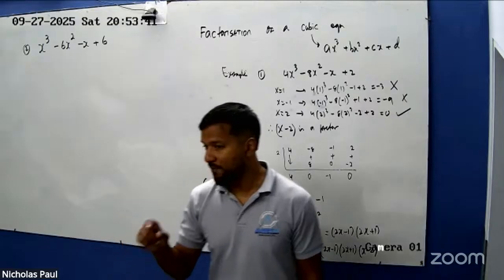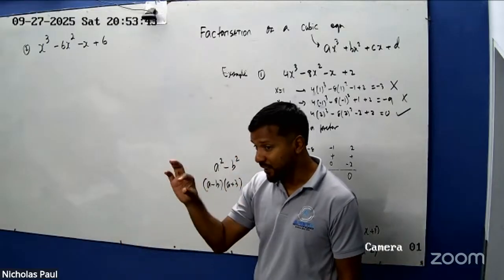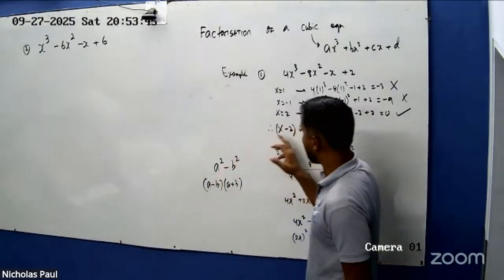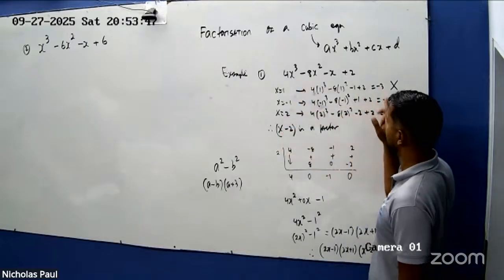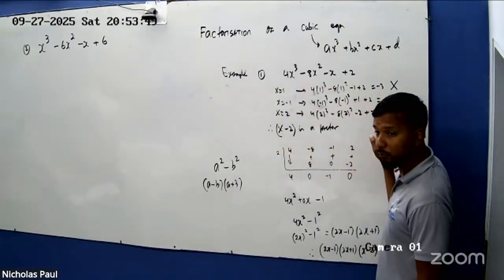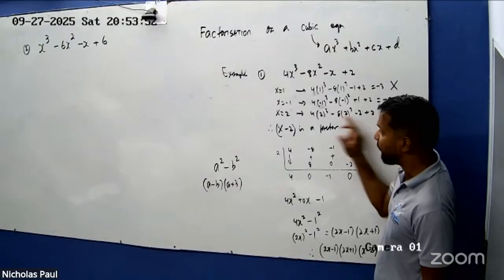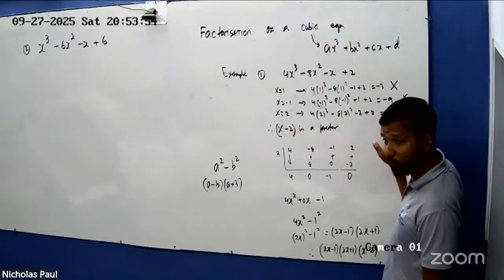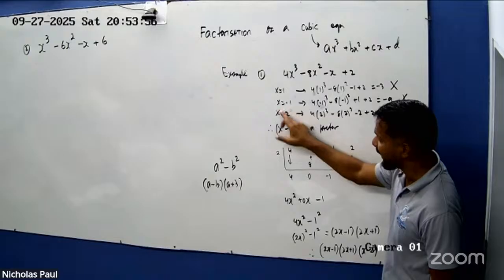Whenever you solve it, you get answers that, when you put them in here, give 0. So if 2 gives you 0, it means x minus 2 is a factor.